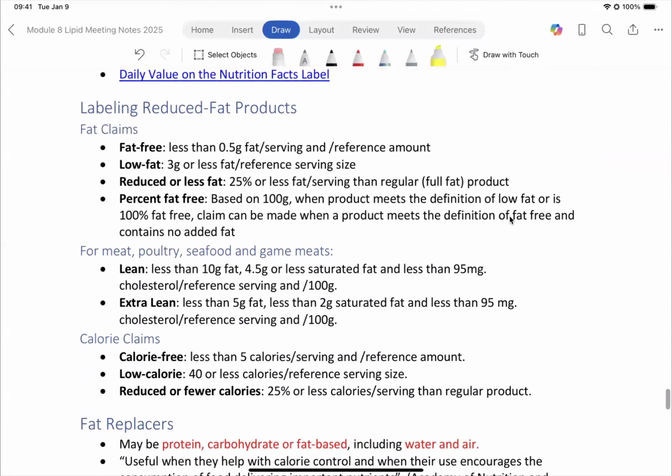If you have a product that has less than 0.5 grams, or half a gram, of fat per serving, and you could say that a teaspoon is 5 grams, so half a teaspoon of fat per serving, it could be labeled as fat-free. If it has 3 grams or less, it can be labeled as low fat. You can also use 25% or less fat than our regular product as reduced fat.